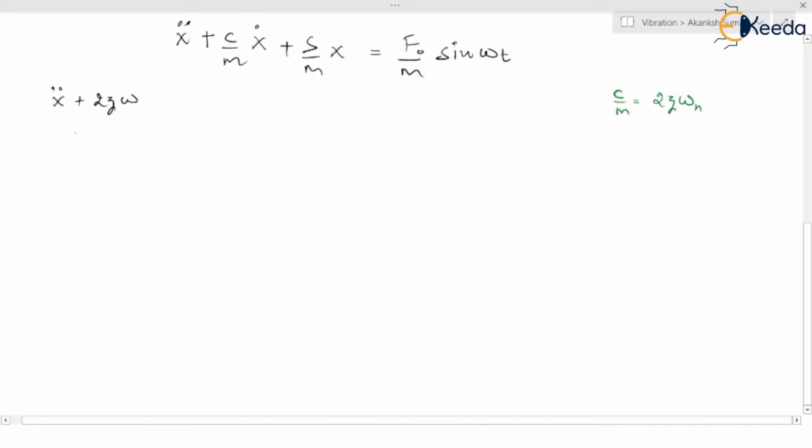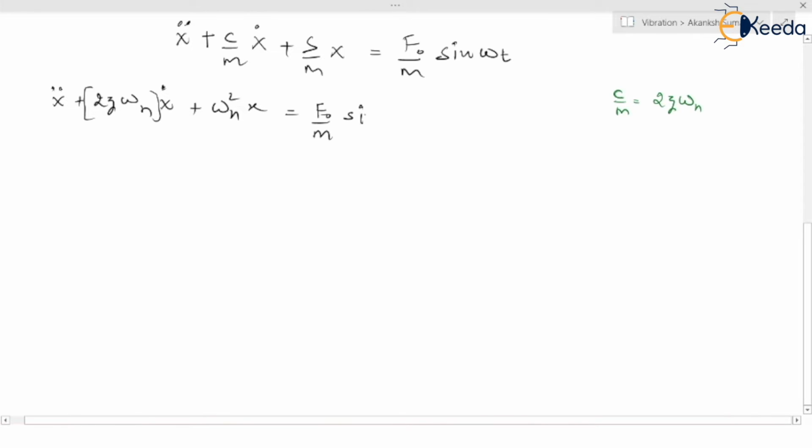We just have to convert it into this form. So C by M is equal to 2 zeta omega n, and you can consider it in bracket, plus what is S by M? We know that S by M is equal to omega n square. So omega n square x is equal to F naught upon M sine omega t.